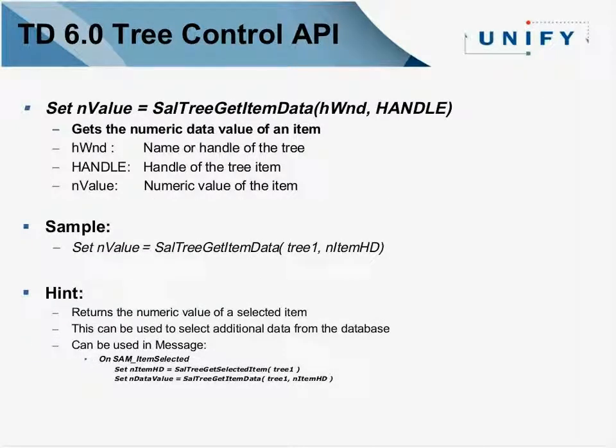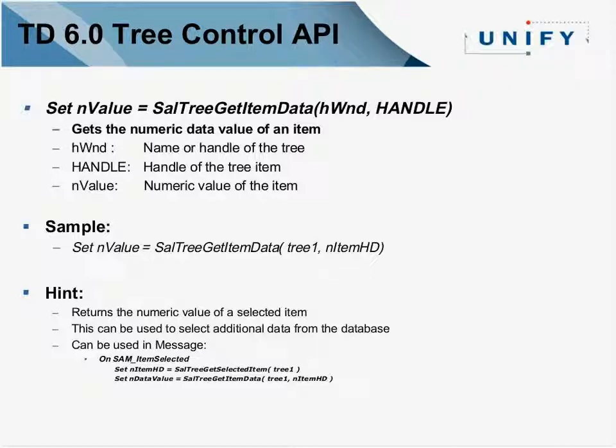Get item data gives you back the non-visible information, like a value, tree get item data from the tree and a marked item. You can see the hint. I have a message at the bottom on some items selected, and first of all, I get back the item ID, the item handle, tree get selection item of a special item which I have selected.